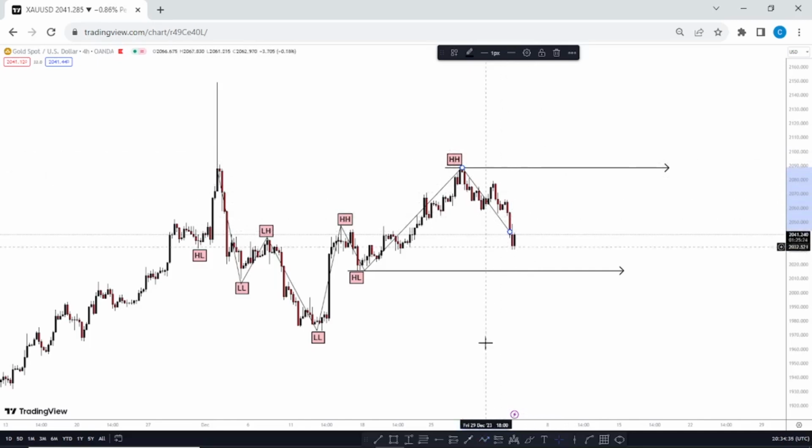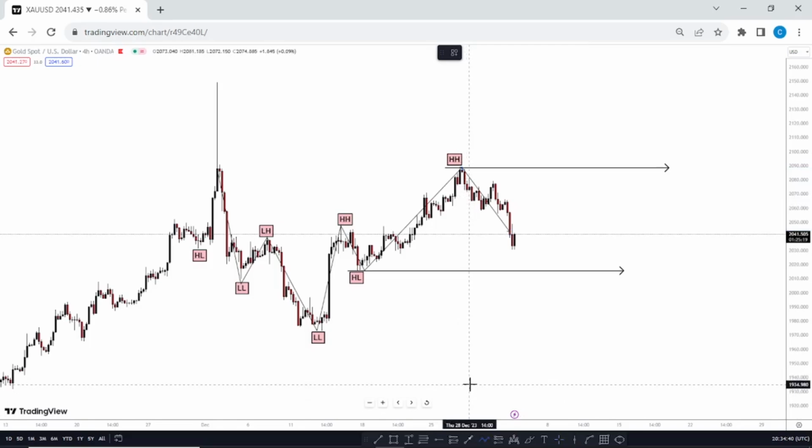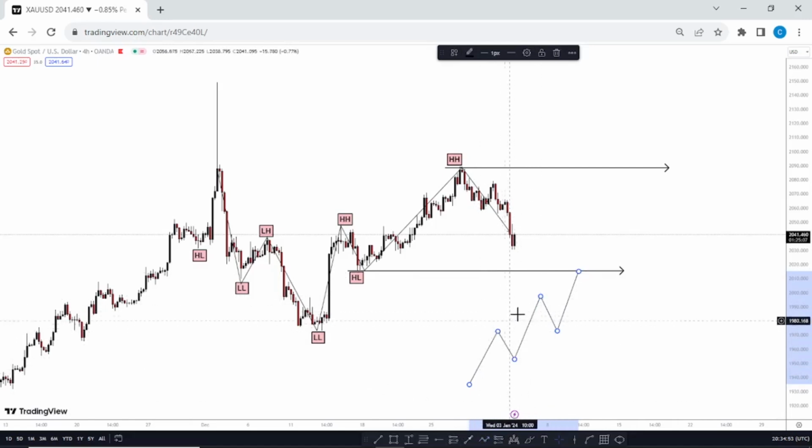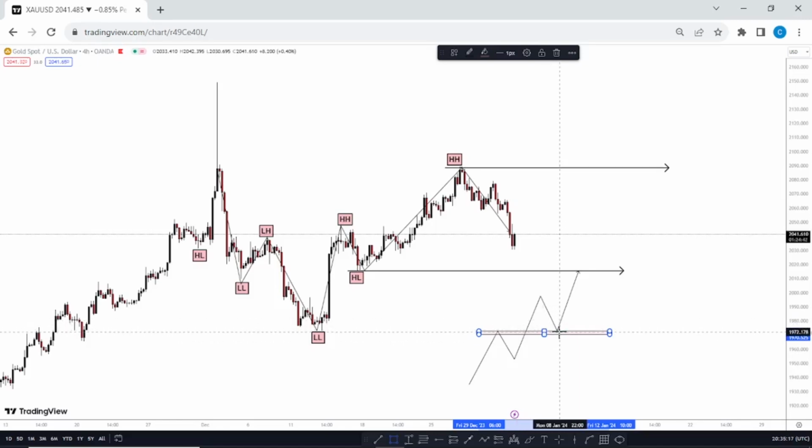So for you who don't know, in a bullish trend, or in a bullish market structure where we have higher highs and higher lows being formed, what we expect is anytime price breaks above its previous lower high or higher high, we expect price to come back to retest that previous lower high, which is also a resistance, as a support to then push up and continue the trend. You get what I mean?